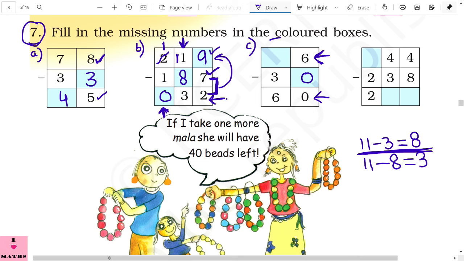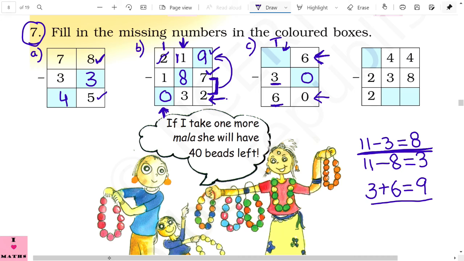Now children, we come to the tens place. We have to write something in this box so that when we subtract 3 from that digit, we should get 6. So 3 plus 6 is equal to 9.